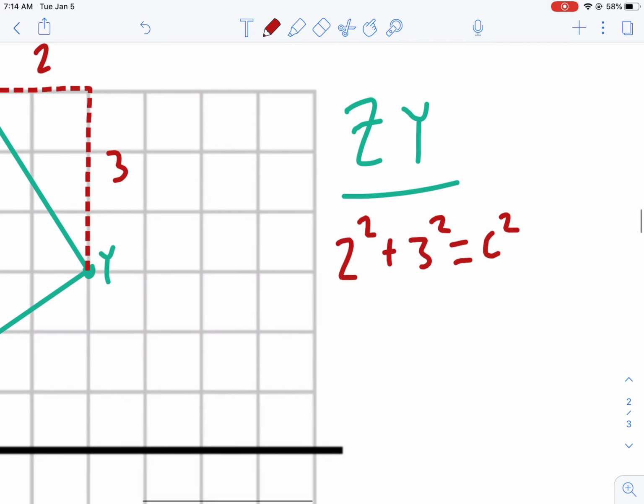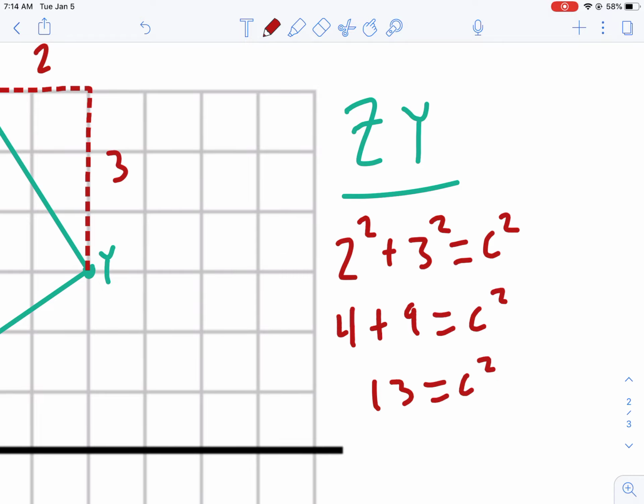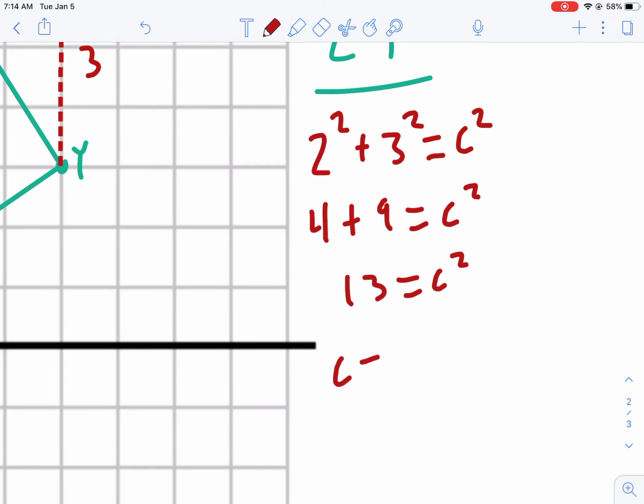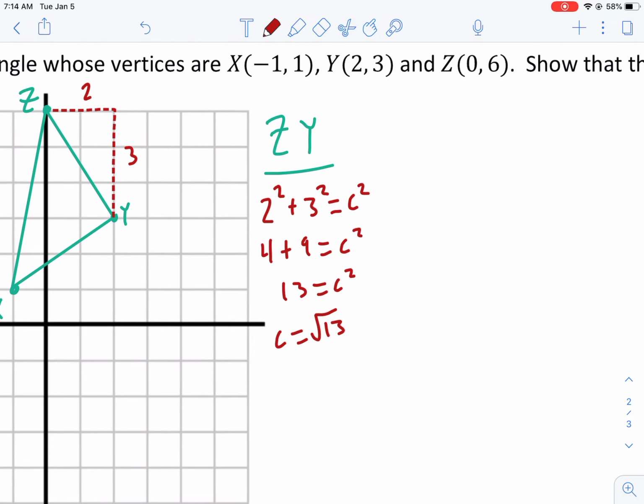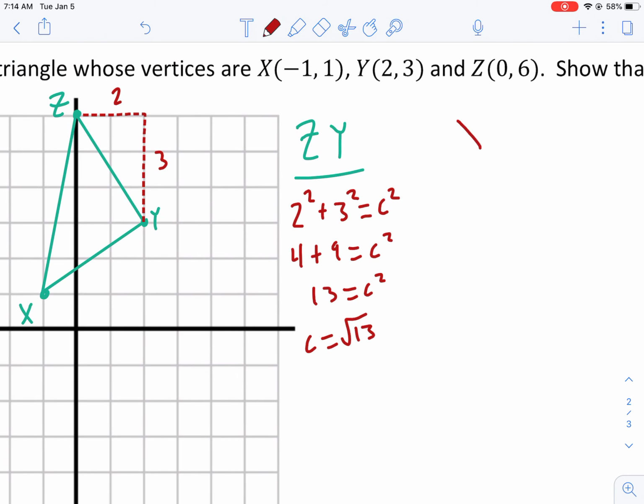Remember how to do this? So this would be 4 plus 9 equals c squared, 13 equals c squared. So the distance would be the square root of 13. And we can do this for each side, and we can actually figure out the side lengths.